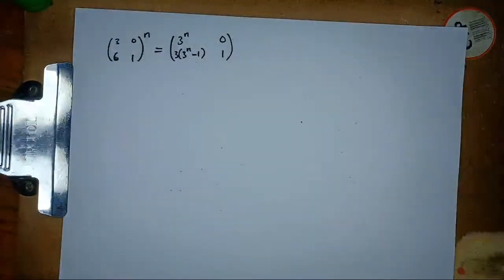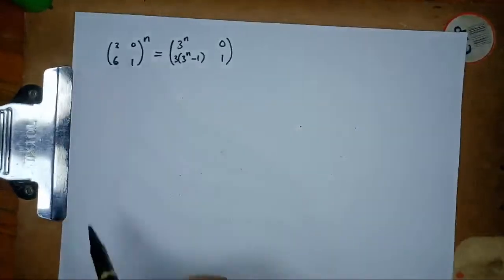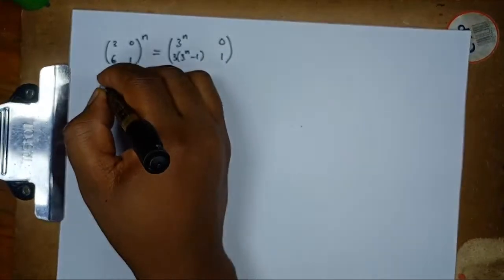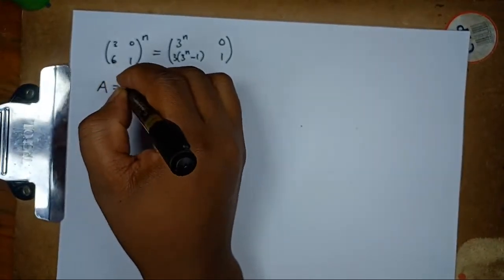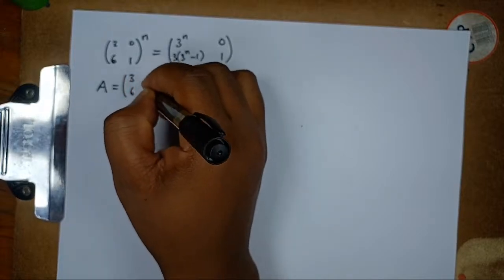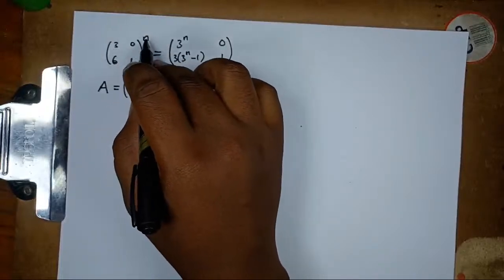Okay. So the best way to approach this question is, step 1, change the interpretation. This matrix that you have here, let it be any letter, for example, let it be matrix A. So let's say A is equal to the matrix 3, 6, 0, 1. Then remember this is A to the power n.